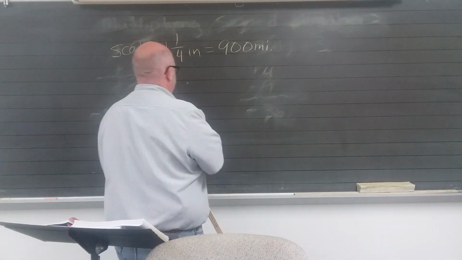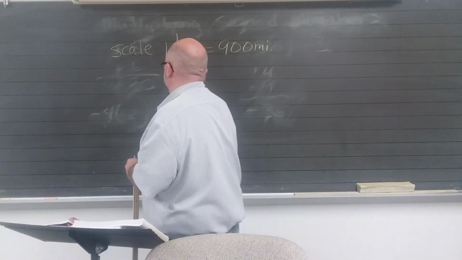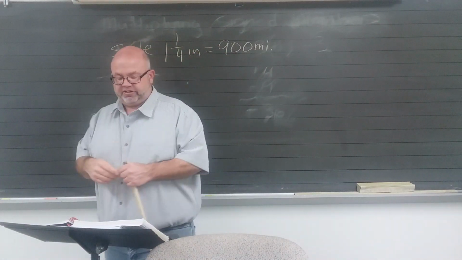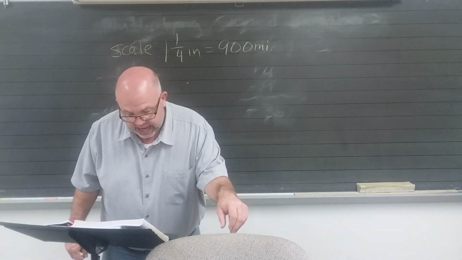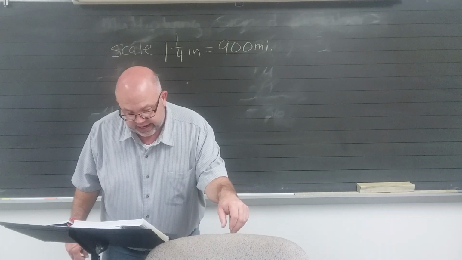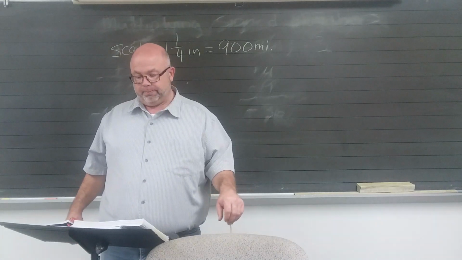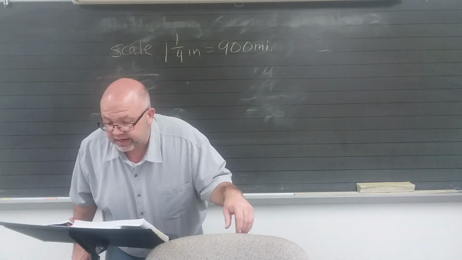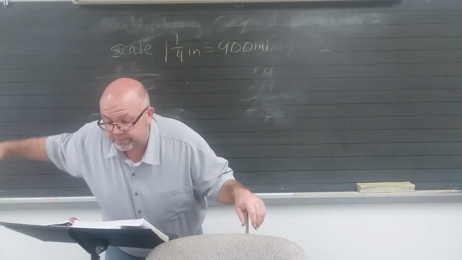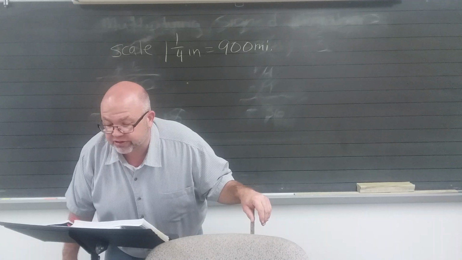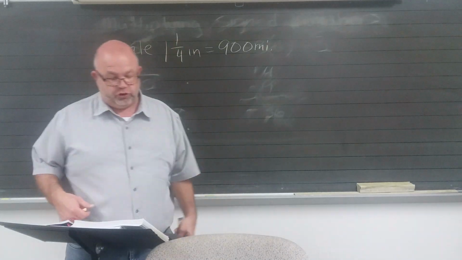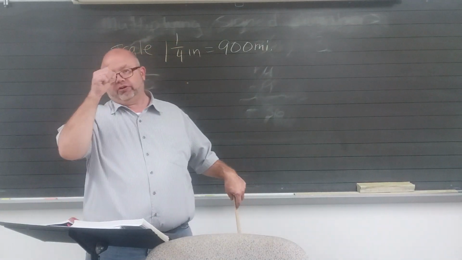Then to find a distance, suppose, look at the map carefully and find Athens and Budapest. Athens is to the far right of the map, down as far as you can go, and Budapest is almost straight above it a little bit. It says to measure to the nearest 1/4 inch.